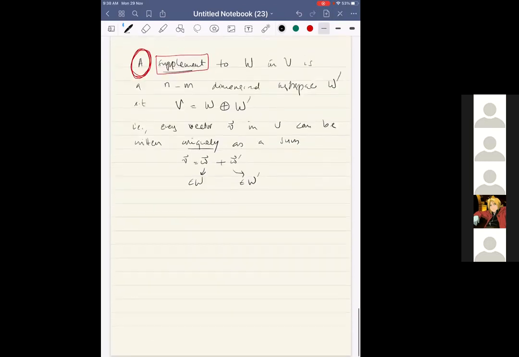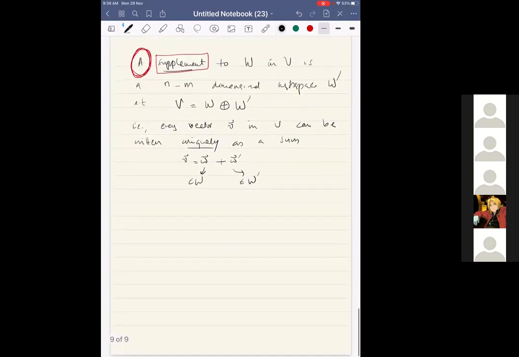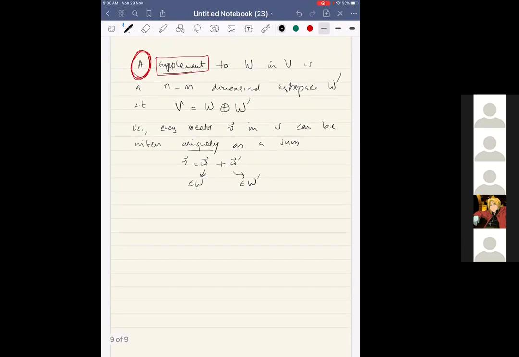So supplements exist. That's not difficult, but they are not unique. Supplements exist. Those who wonder, you can give a proof.